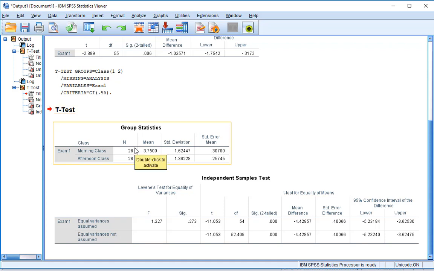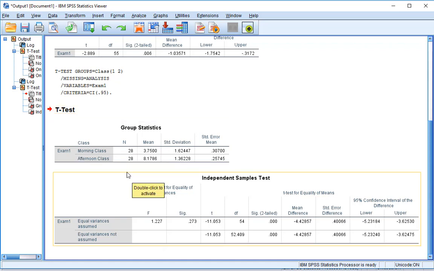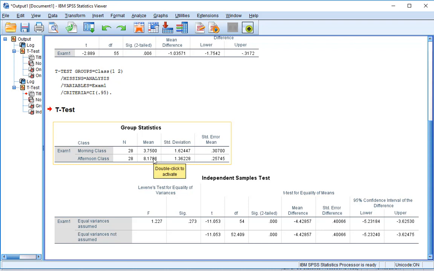We have our group statistics. There were 28 in the morning class, and there were 28 in the afternoon class. The morning class had a mean of 3.75, while the afternoon class had a mean of 8.17. So right away we can see a very large discrepancy between the morning class and the afternoon class.